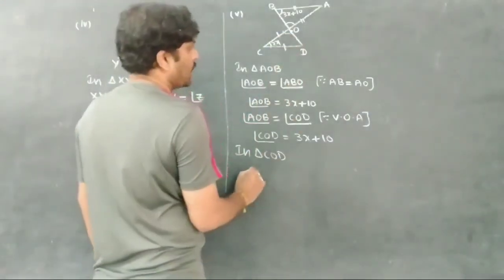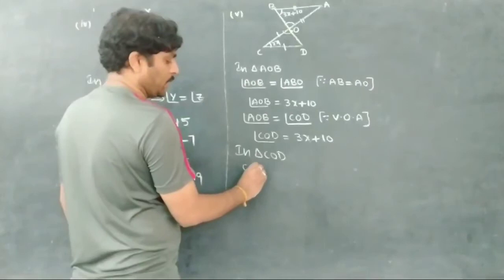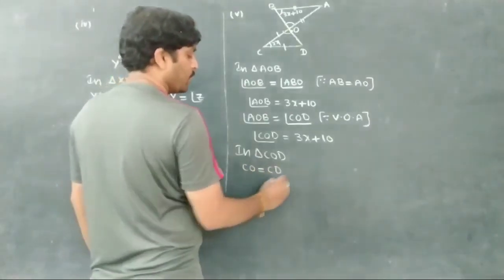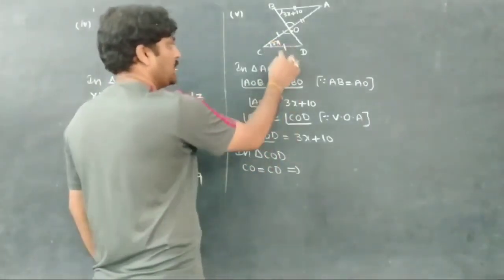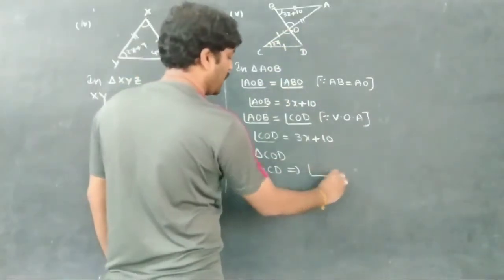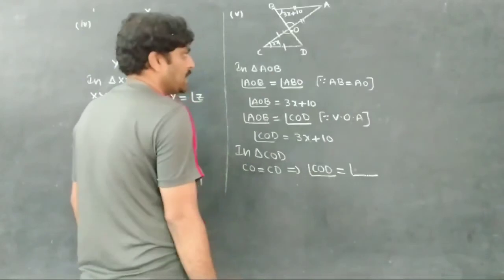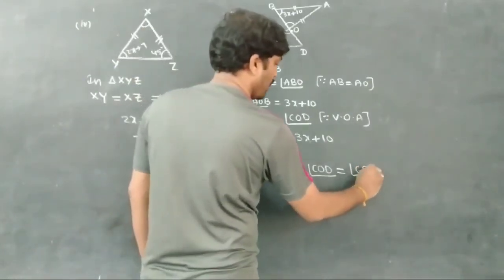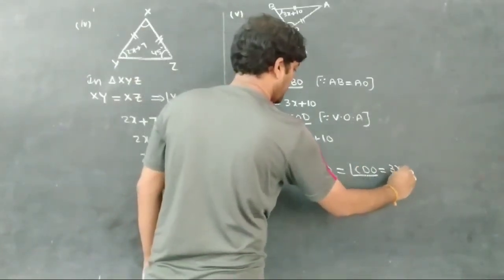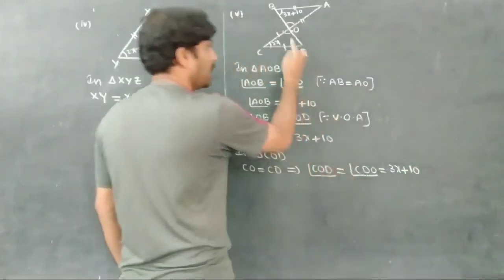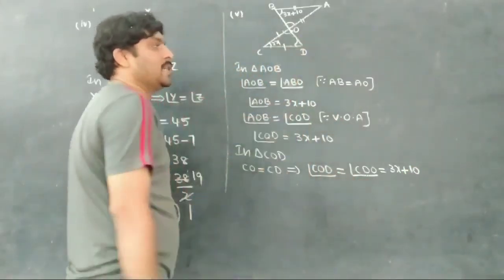What are they? CO is equal to CD. That implies if two sides are equal, their opposite angles are equal. Angle COD is equal to angle CDO, which is equal to 3x plus 10. Here 3x plus 10, here also 3x plus 10.